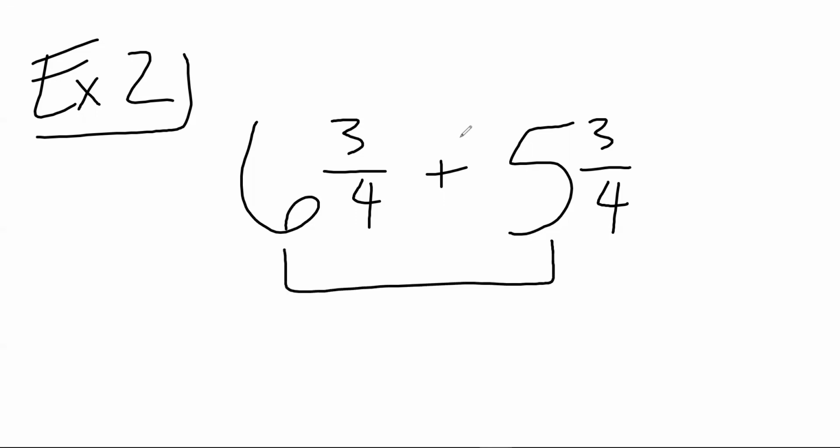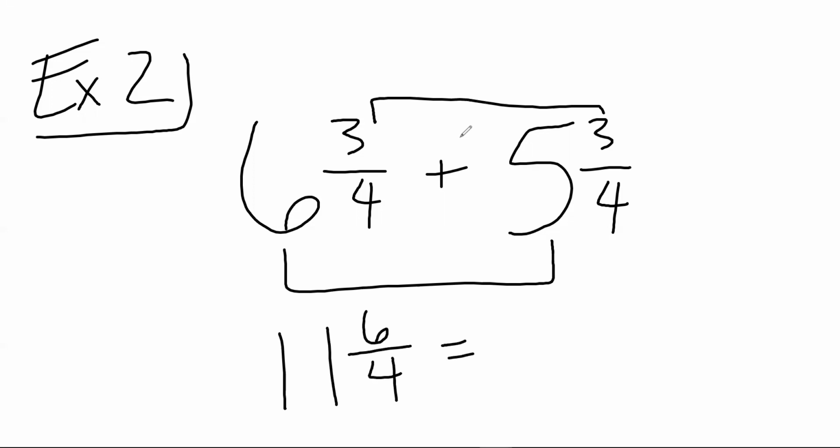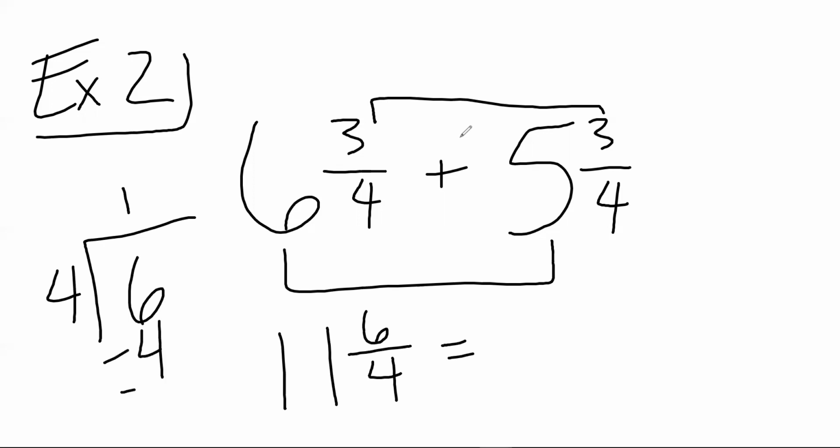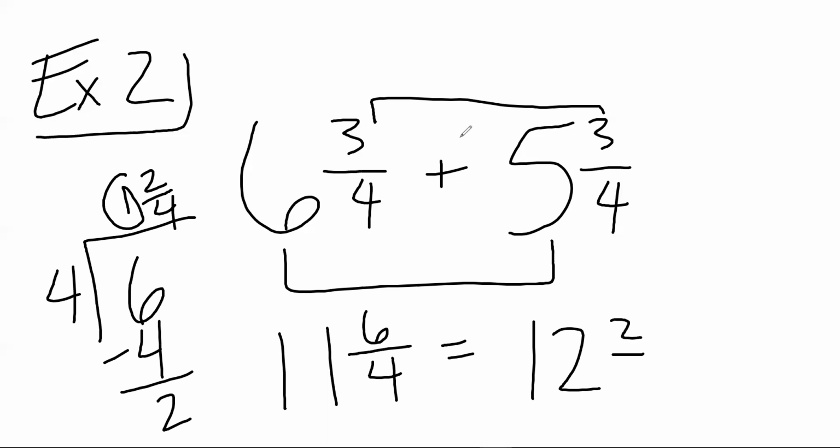So I do 6 plus 5, 11. And then the fraction. Yep. So 6 divided by 4, because the top number is bigger. And 4 goes into 6 just once. So you'd have an extra 1 2/4 left over. So you'd add that 1 to the 11, which would be 12. And then the 2/4 would be right here, which could be reduced to 12 1/2.